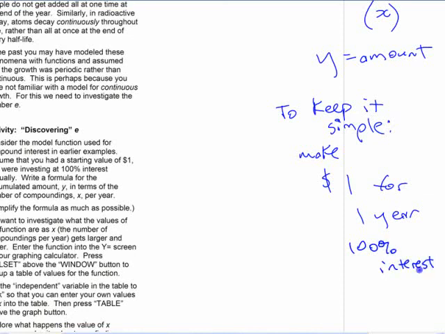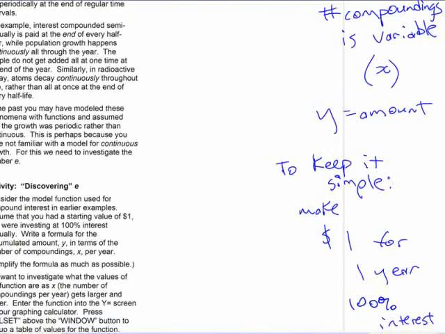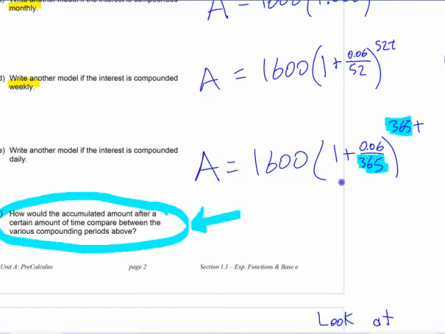Why do I want to use 100% interest? Because what is that when you write it as a decimal? 1, right? If all the other things are 1, then it's going to be really easy to see what this does. So what we're saying here is make this $1, make this 1 year, because then it's not there, and then make this 100% because it's just a 1. So the only thing that's changing is the thing in blue.